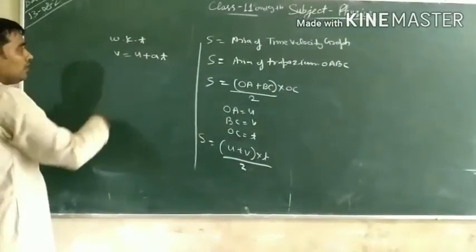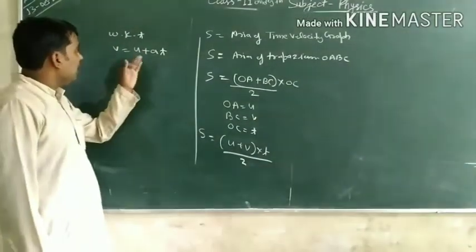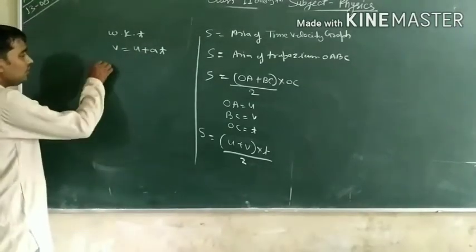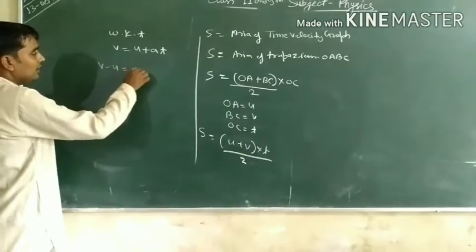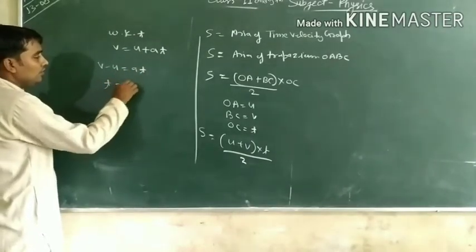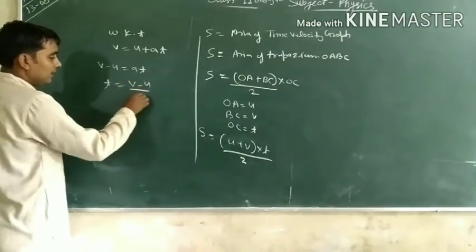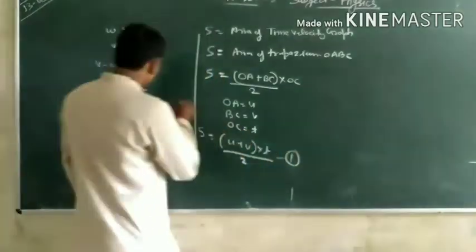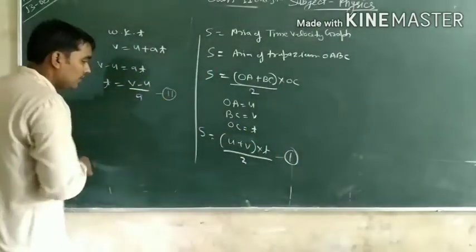Transposing U from the RHS to the LHS, V minus U is equal to AT. Now T is equal to (V minus U) upon A. This is the first equation and this is the second equation.